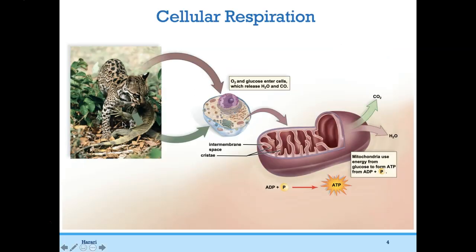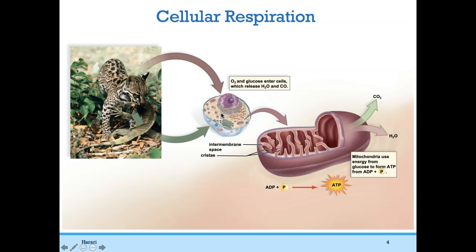So here we see a picture of an ocelot that's eating a lizard of sorts, and it is breathing in the oxygen from the atmosphere, and it is consuming the nutrients from the lizard. Together, these nutrients, which include glucose, and the oxygen from the air enter cells.